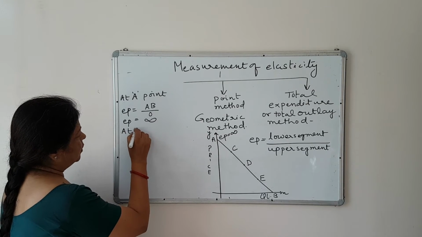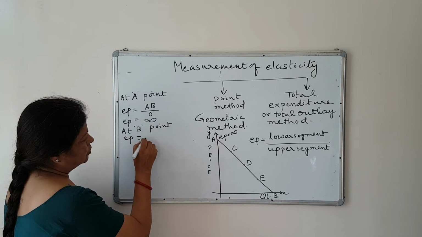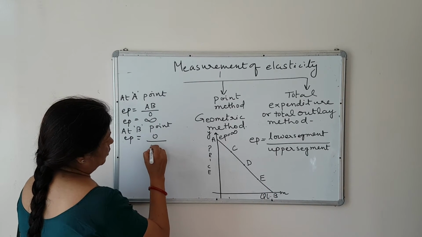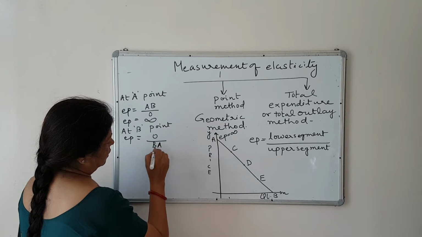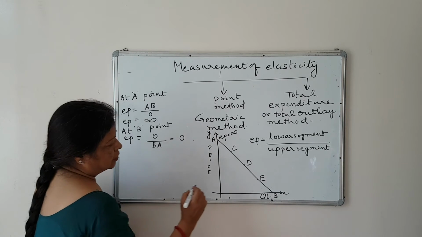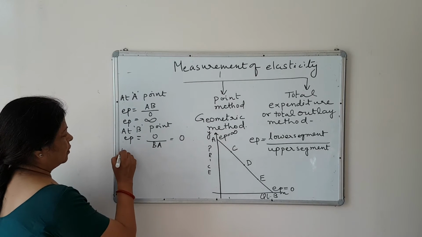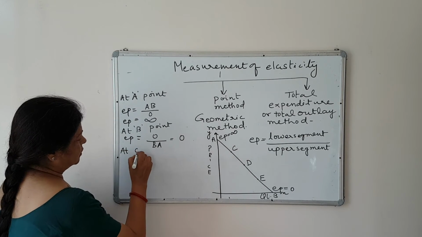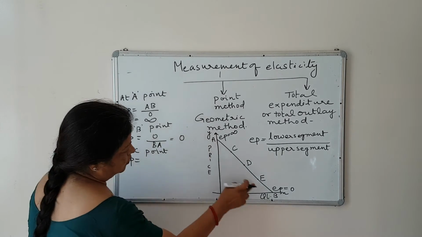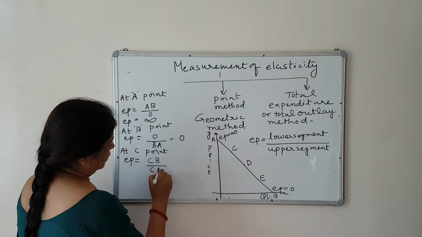Now at point B, EP is equal to, you can say the lower segment is 0, the upper segment is BA. When 0 is divided by any number, it will be 0, so EP is equal to 0. Now the third one is point C. At point C, EP is equal to lower segment CB over upper segment CA.